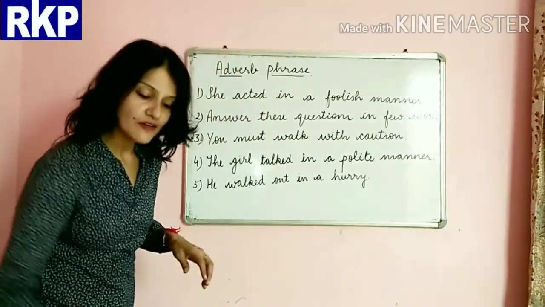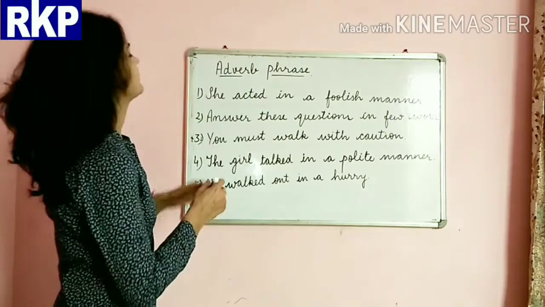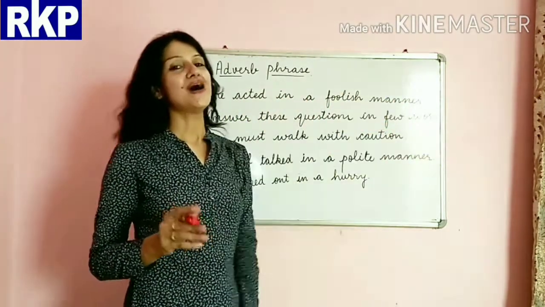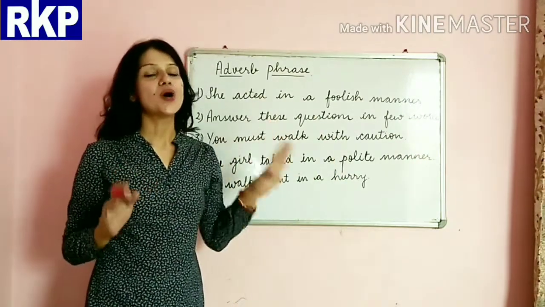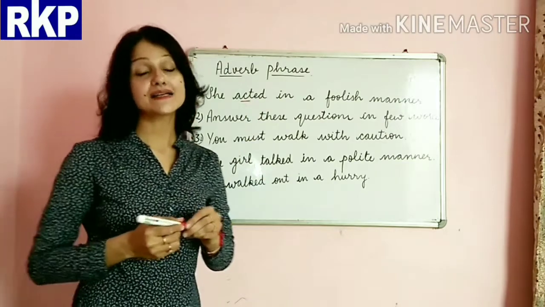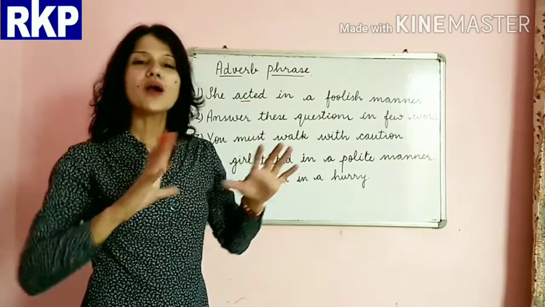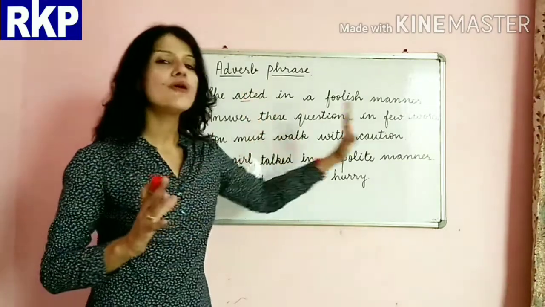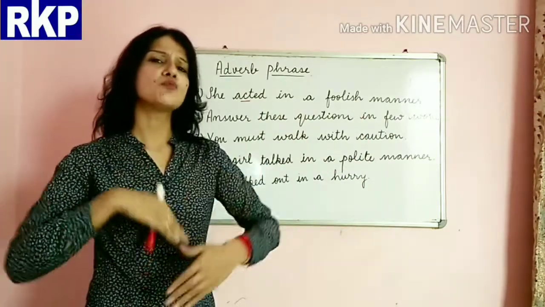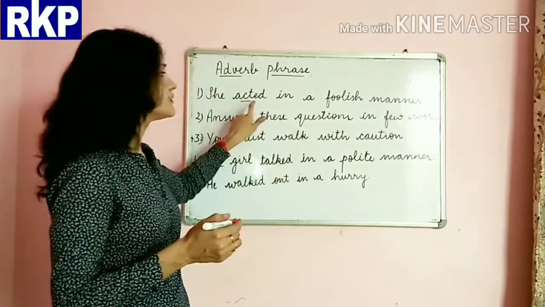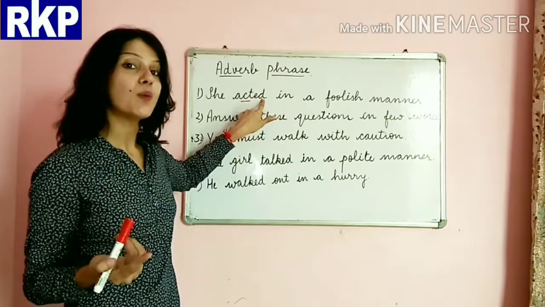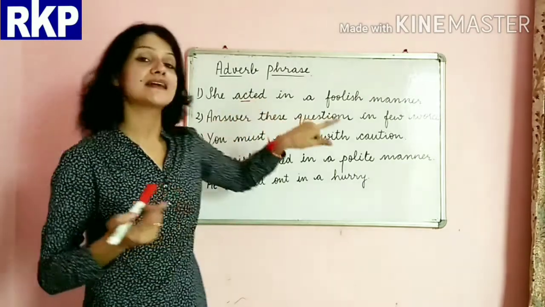Now first sentence I have written here is, she acted in a foolish manner. Now beta, here our verb is acted. Now what is that group of words which is giving us more information about the verb? So she acted.